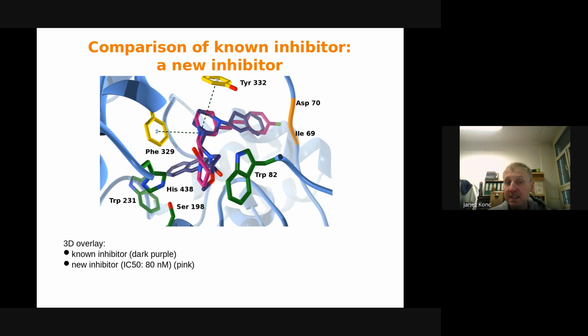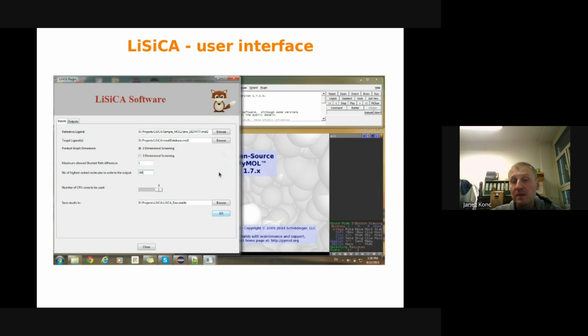So here we see a binding site inside a protein, and in this binding site, these pink and purple structures are our compounds overlaid over each other as they are crystallized within this protein. They make similar interactions with the protein, as you can see, for example, here with this tyrosine and phenylalanine, and they have similar groups at similar places, but their scaffolds are not totally, but considerably different. That's why this is interesting.